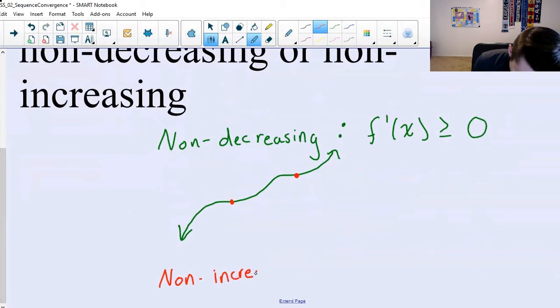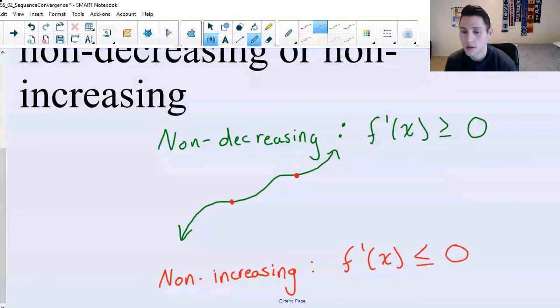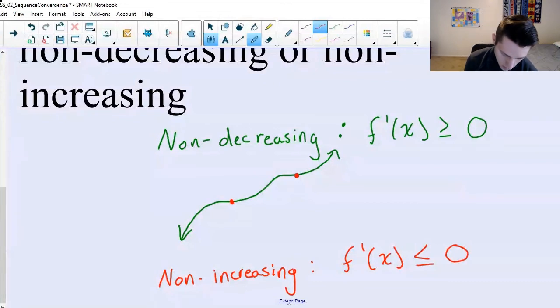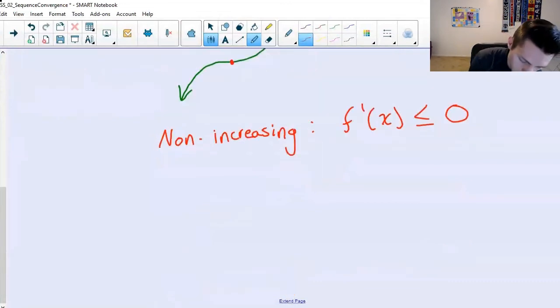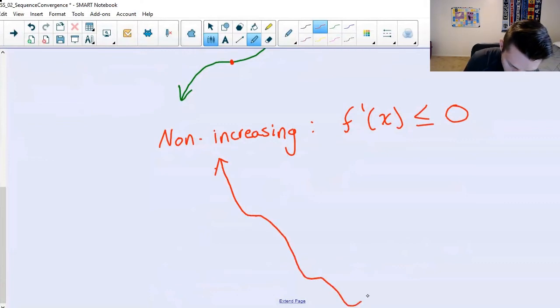Non-increasing: f prime of x means the derivative is always going to be less than or equal to 0. So kind of a similar thing. The function's going down, and then maybe it hits 0, but then continues going down, and maybe it hits 0, but then is going down.